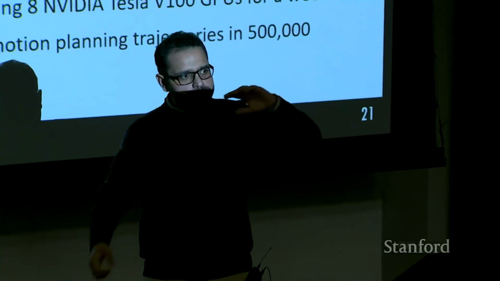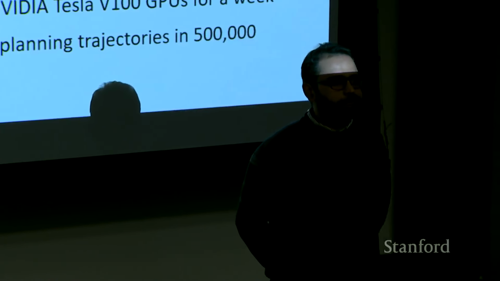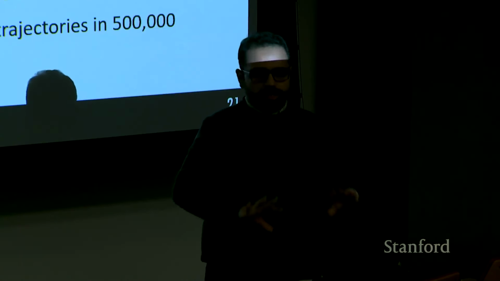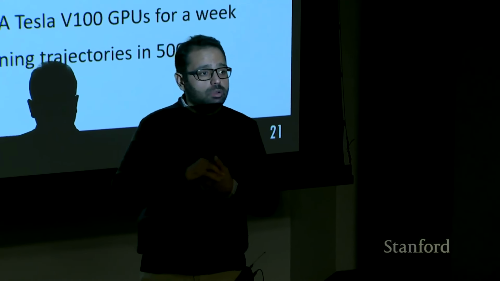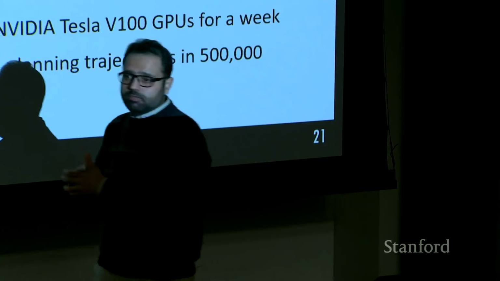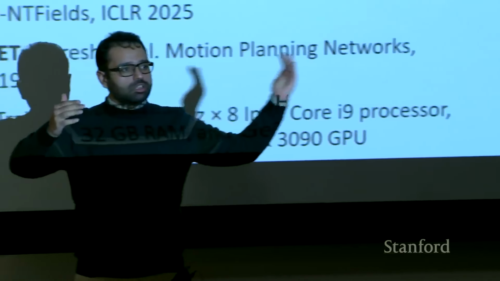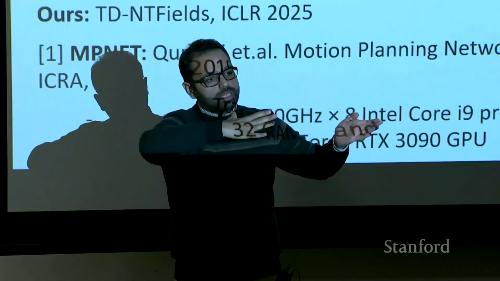And also, how different is the model architecture between MPiNet and your paper? Our model architectures are very different. Our model architecture is designed to respect some properties of the eikonal PDE. For example, it has the symmetry property: travel time from your start to goal and travel time from your goal to start should be the same.